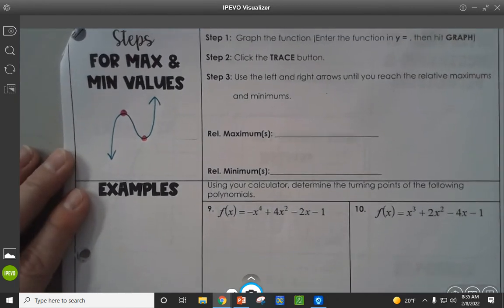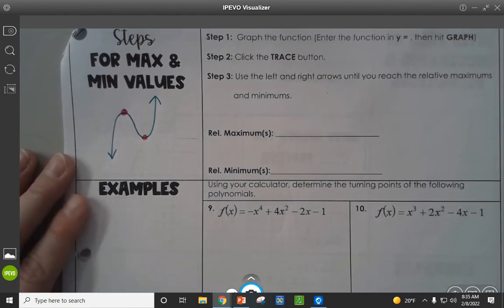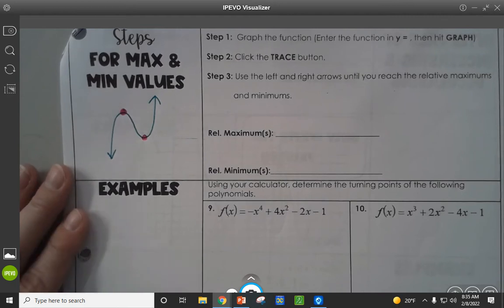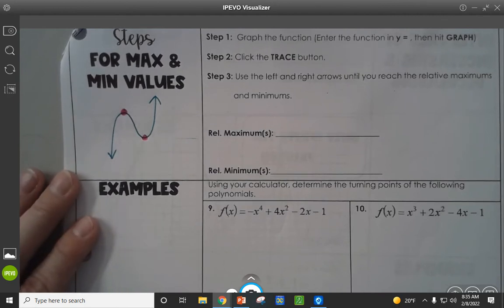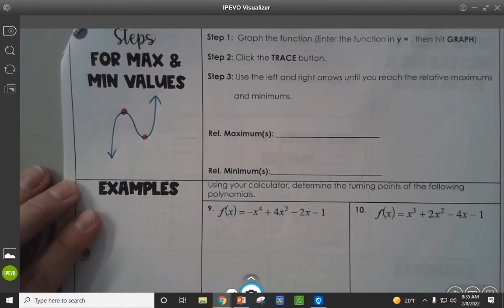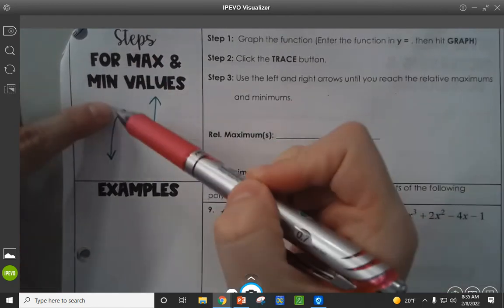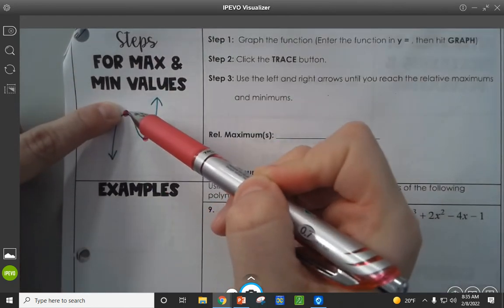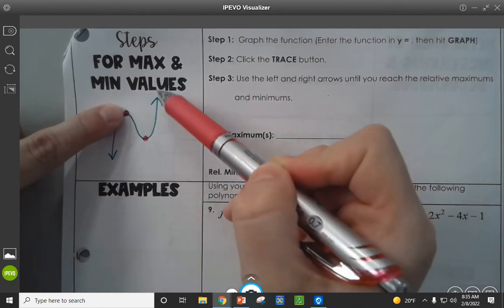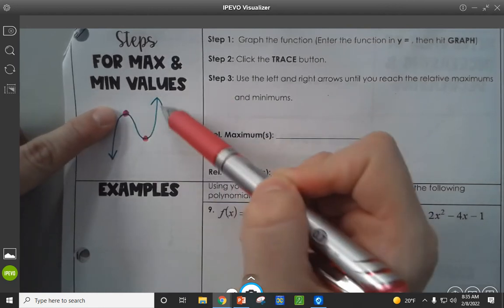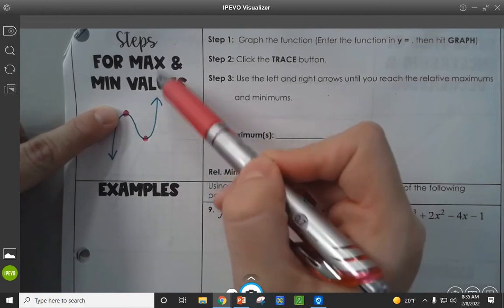There is also something called an absolute max and min, meaning if there was an absolute maximum, there would not be any other points on the whole graph that's higher than that. This graph does not have an absolute maximum because it keeps going up forever, so there's no way I can actually find the highest point.